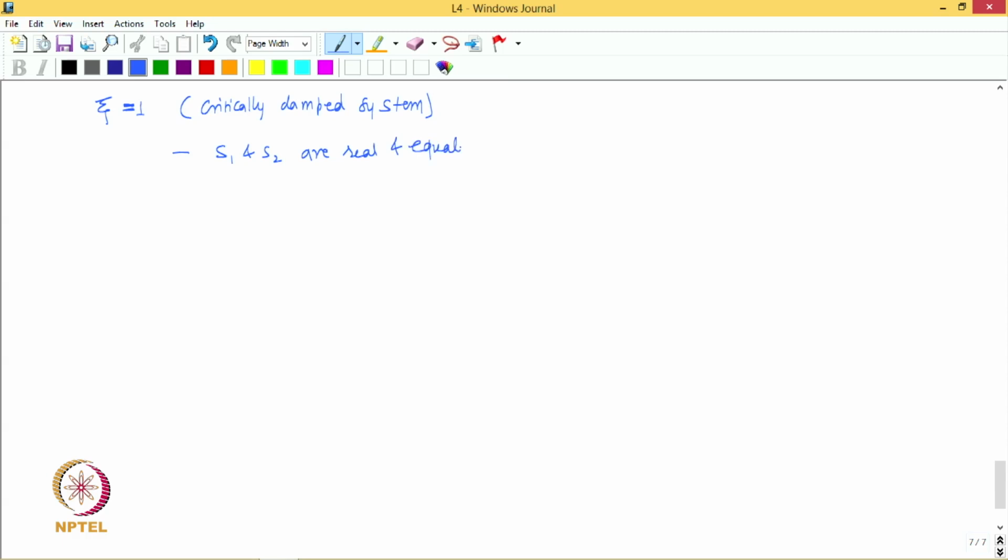They are simply S1 is equal to S2 is equal to minus zeta omega n, that is all. And therefore, the general solution is given by x of t is equal to (A1 plus A2 t) e to the power minus zeta omega n t.